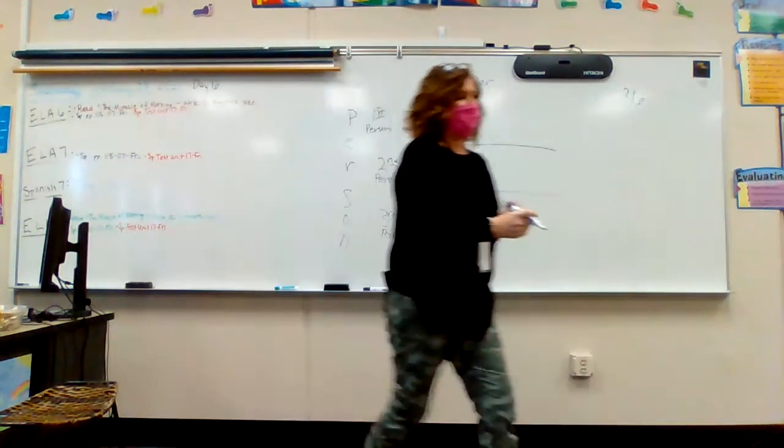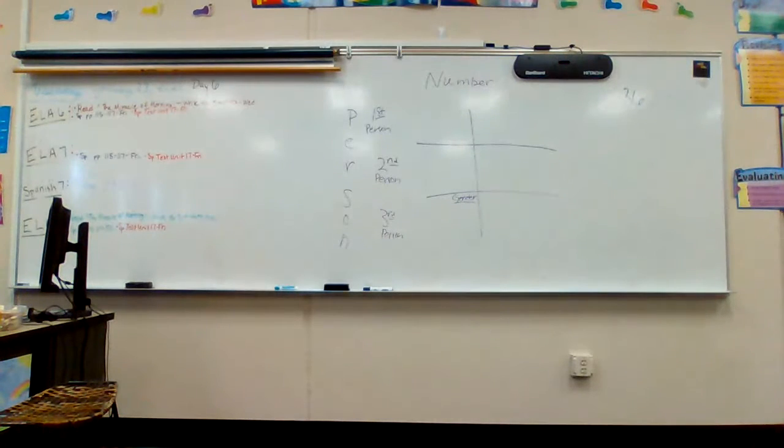The person you give in numbers and the number you give in words. So what do we mean when we're referring to number? Greta? Singular and plural. Yep, singular and plural.